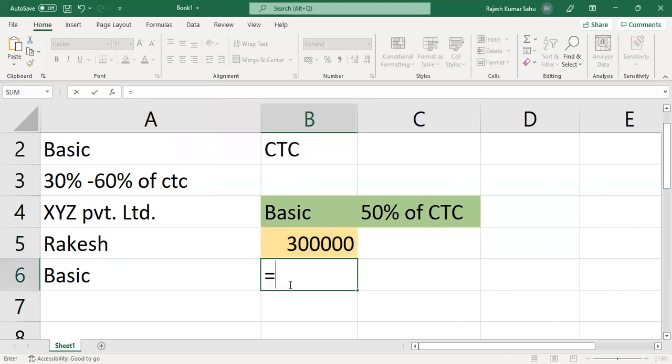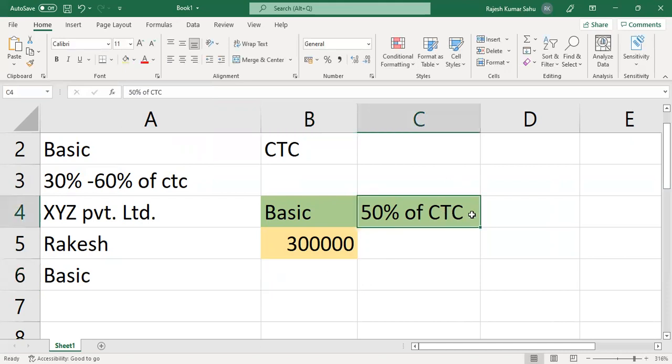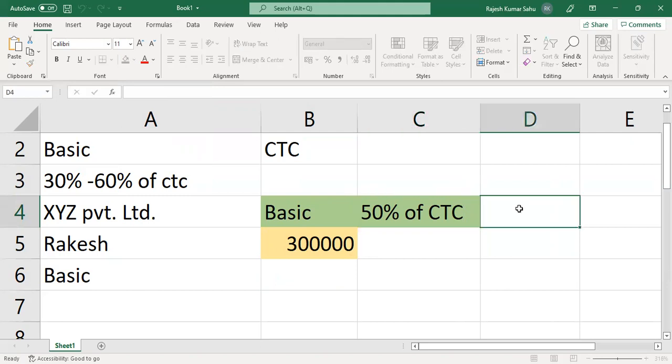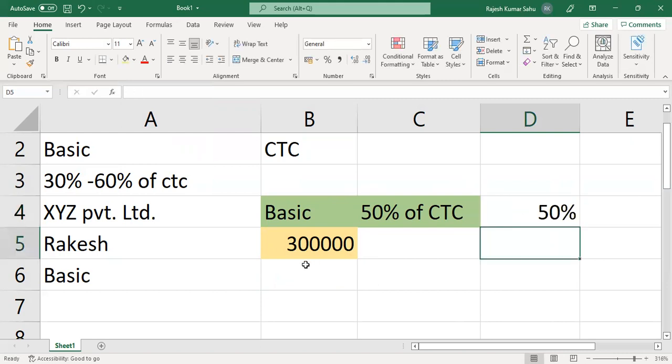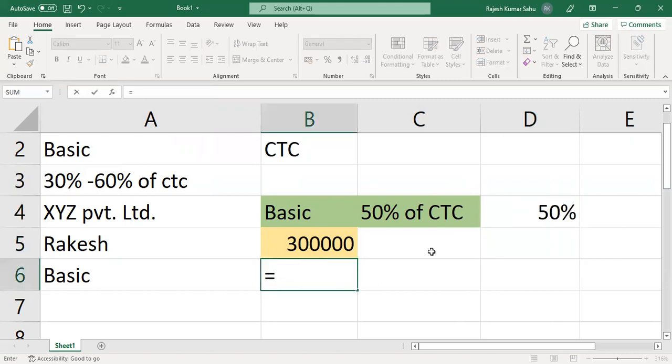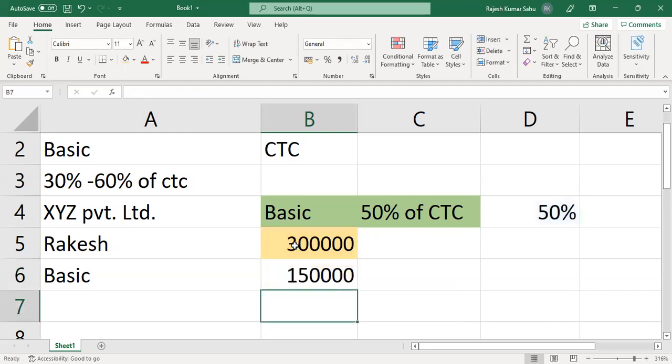Basic salary will be 50%. So whenever you are calculating, it's 50% of CTC. CTC here is 3 lakh, so it's 1,50,000.